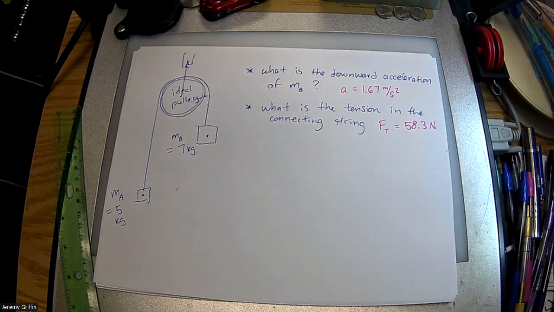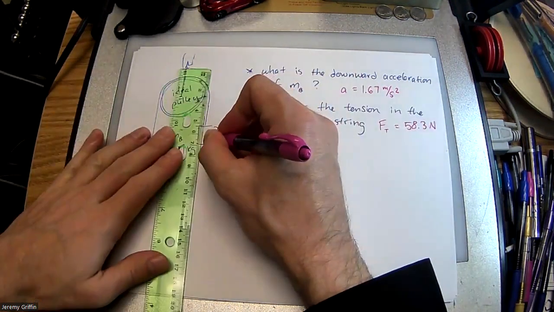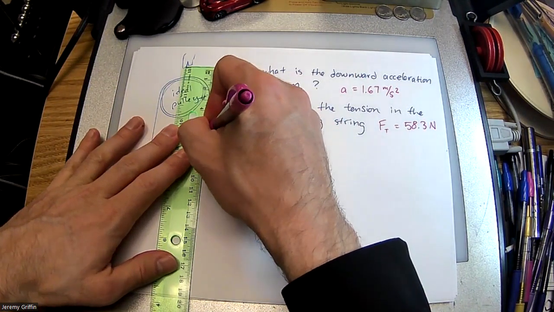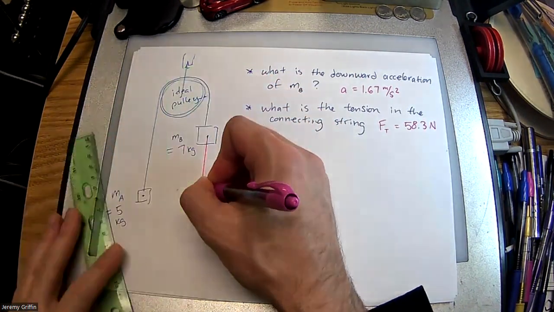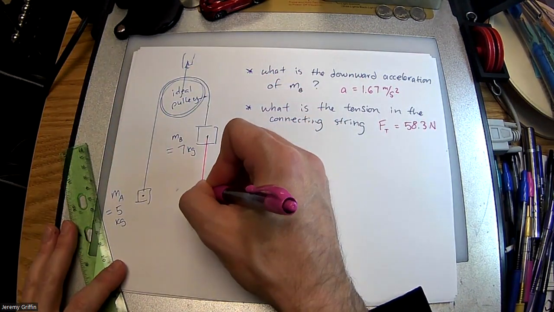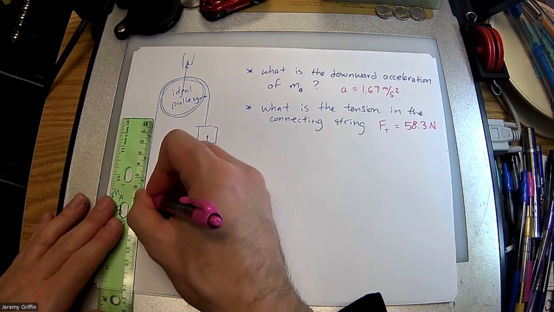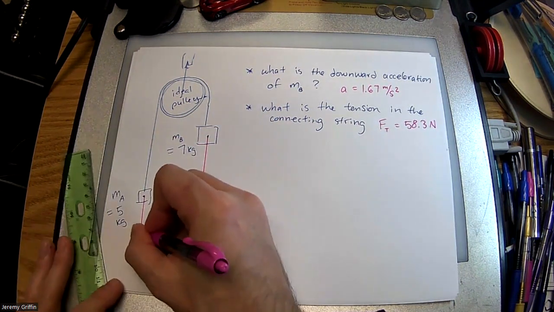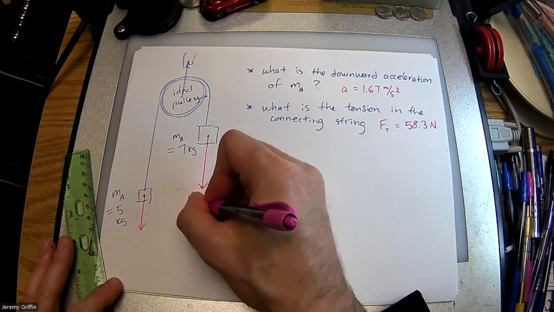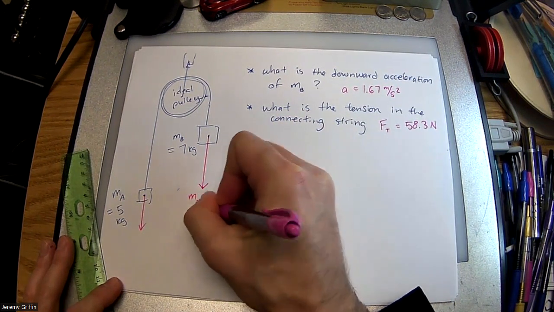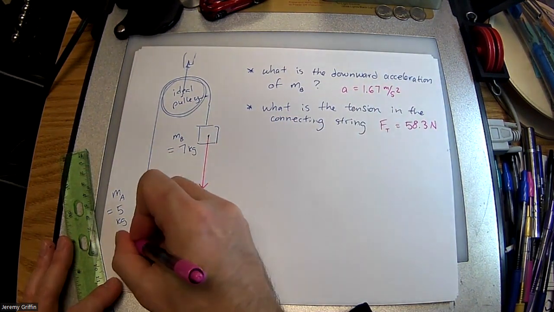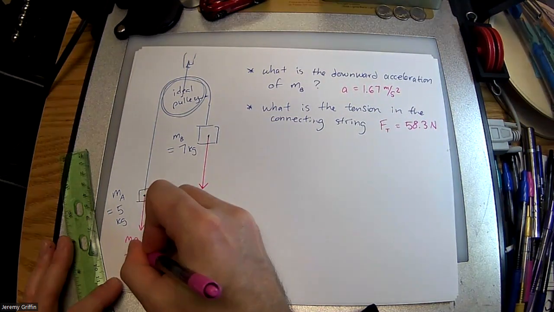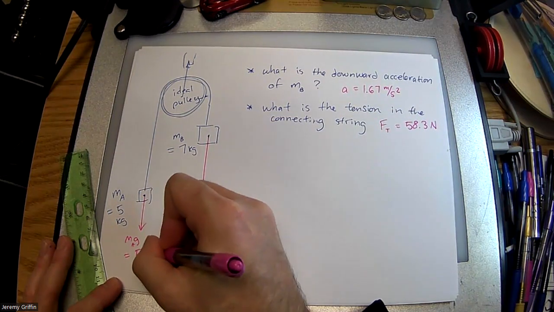All right, so let's go through this. Free body diagram. Let's start with the external forces, which is just the two weights. Do you guys think this is 70 newtons there, and this is 50 newtons right here?